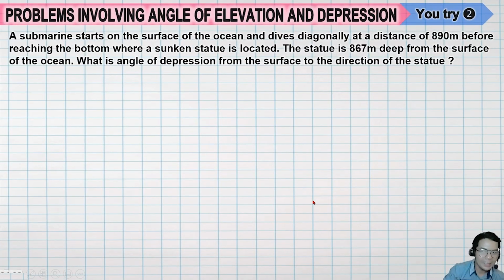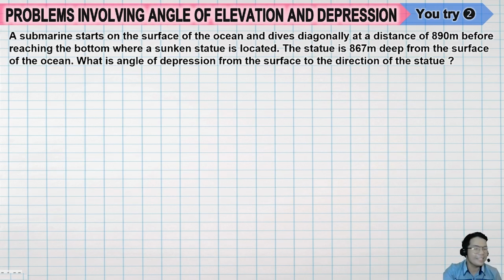Ayan. So, a submarine starts on the surface of the ocean and dives diagonally at a distance of 890 meters. Before reaching to the bottom where the sunken statue is located, the statue is 867 meters deep from the surface of the ocean. What is the angle of depression from the surface to the direction of the statue?